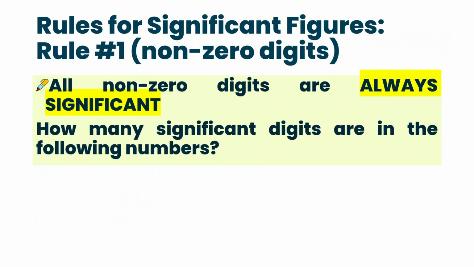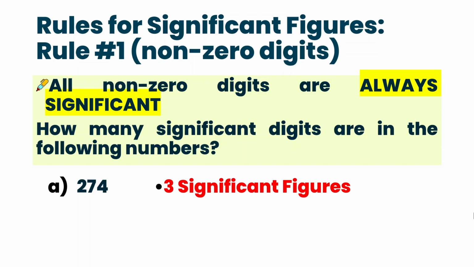Rules for significant figures, rule number one. This is for non-zero digits. Non-zero digits are always significant, meaning they're very important. How many significant digits are in the number 274? The answer is 3.